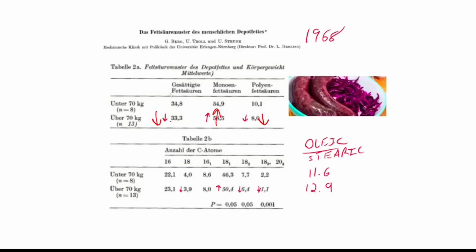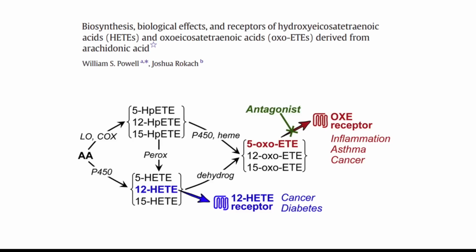Saturated fat is decreasing because SCD1 is converting this to that. This is another paper. This is yet another mechanism of action. This 5-oxo-ETE actually triggers this other OXE receptor, which is involved in inflammation and asthma and cancer. And 12-HETE has its own receptor that's involved in cancer and diabetes.